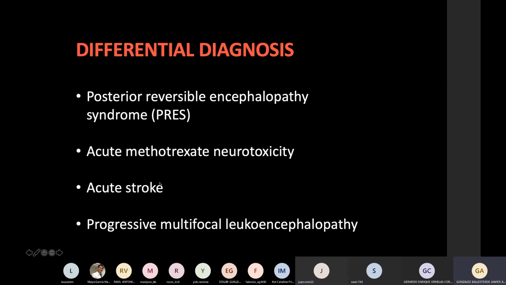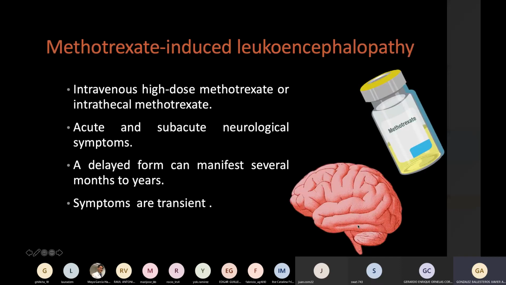Acute stroke is less likely because the hyperintensities and restricted areas were not in vascular territories, and progressive multifocal leukoencephalopathy was also ruled out because it presents in immunocompromised patients with AIDS. So this was a case of methotrexate-induced leukoencephalopathy.